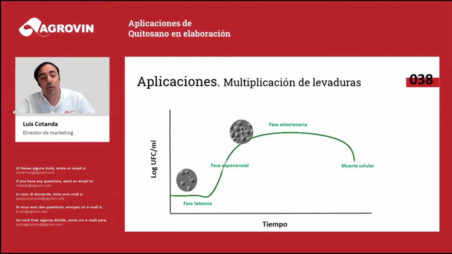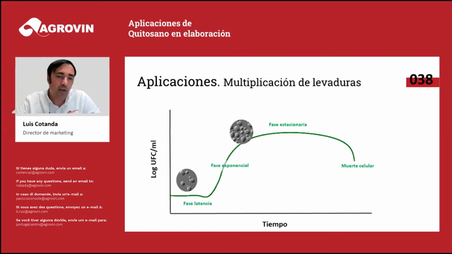Then there is an exponential phase, which is when the yeast is going to start multiplying exponentially up to the moment that it achieves the maximum population that is going to carry out the fermentation, and then there will be a stationary phase when the yeast is not going to reproduce any further, and it has to bear the whole fermentation until the sugars are depleted and the cells die.